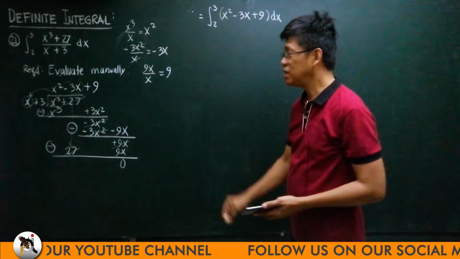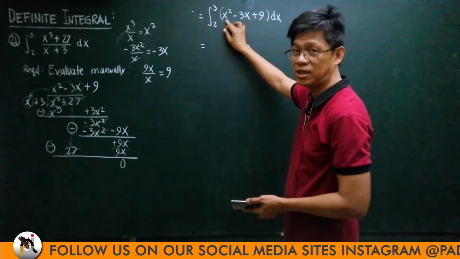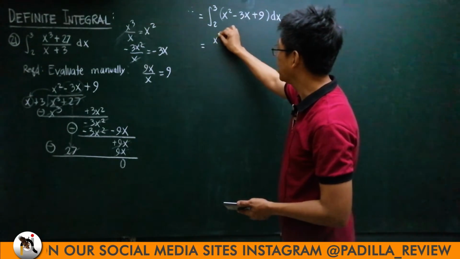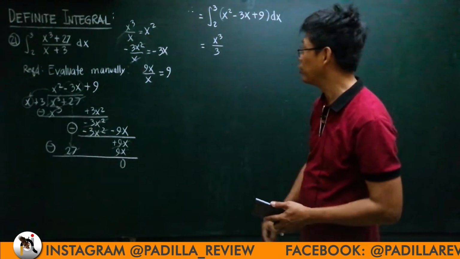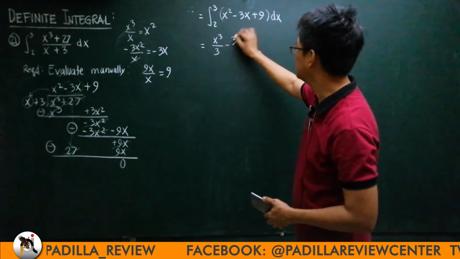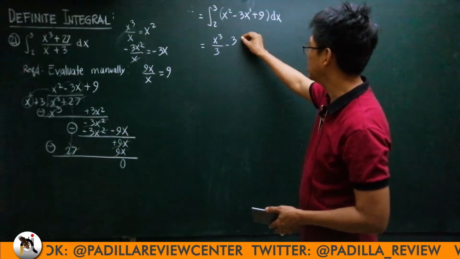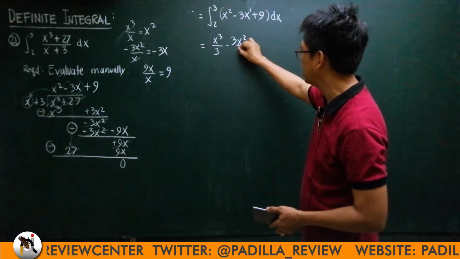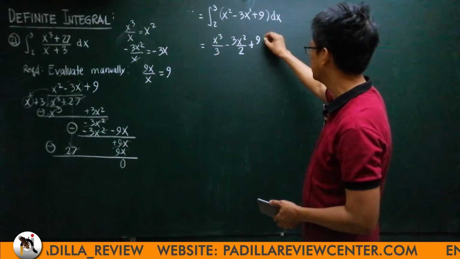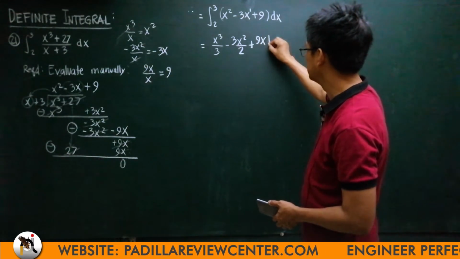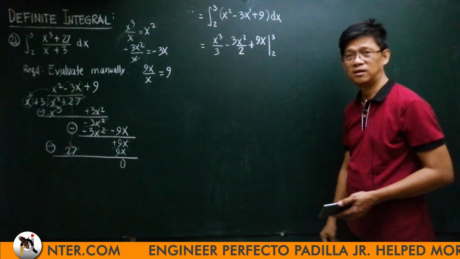Integrating this manually using merely the power formula, the integral of x squared is x cubed over 3. You just add 1 to the exponent. Minus 3x is the same as x to the 1, so this is going to be x to the 2 over 2. Plus 9, the integral of dx is x. This is evaluated from 2 to 3.